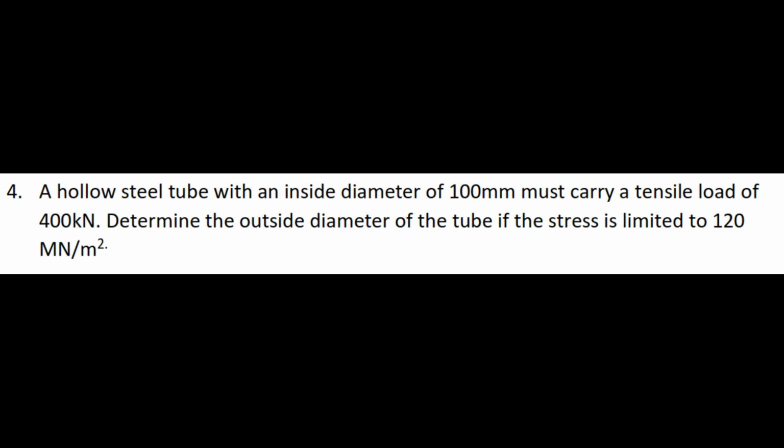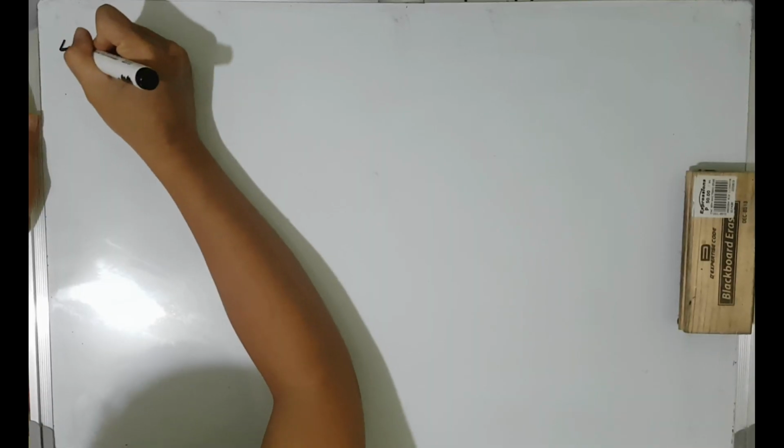A hollow steel tube with an inside diameter of 100 mm must carry a tensile load of 400 kN. Determine the outside diameter of the tube if the stress is limited to 120 MPa.